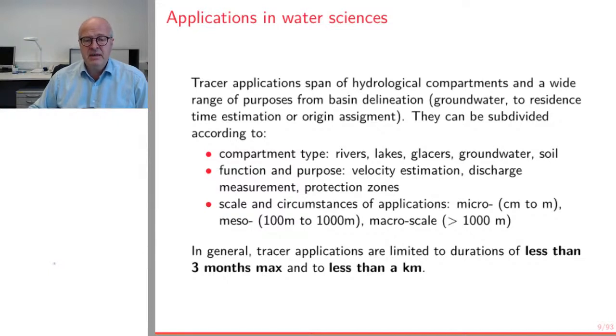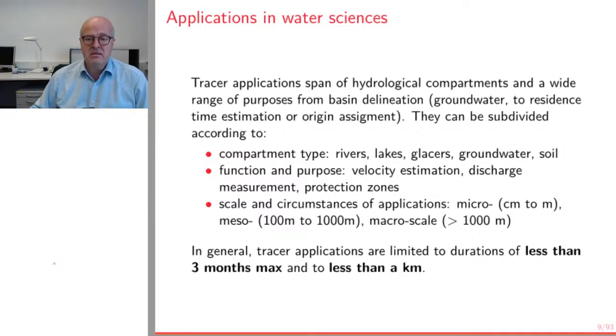But these can be subdivided into different compartments: application of tracers in rivers, lakes, glaciers, groundwater, or soil. Different functions or purposes, like velocity estimation, discharge measurement, and protection zones.